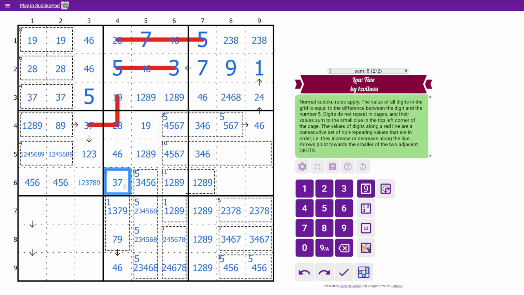Well, this has to be a 2. It has to be a 2. Which other one also has to have a 2 in it? A value of 2.